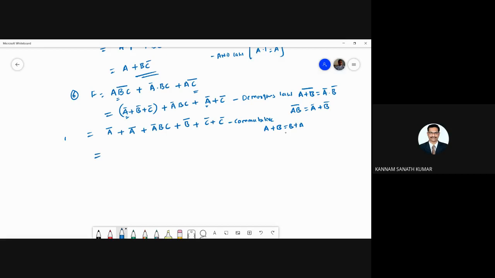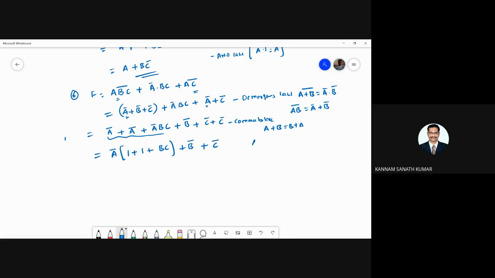So now you can take A bar as a common factor. From these three terms, you take A bar common: 1 plus BC, plus B bar plus C bar plus C bar.